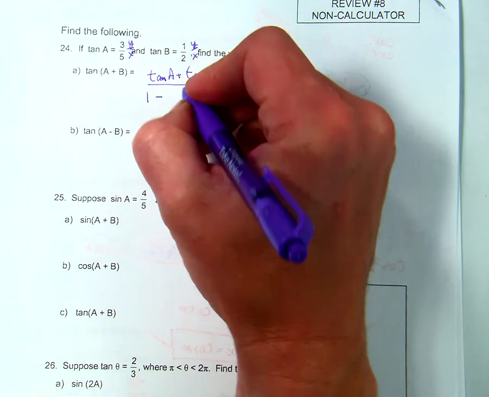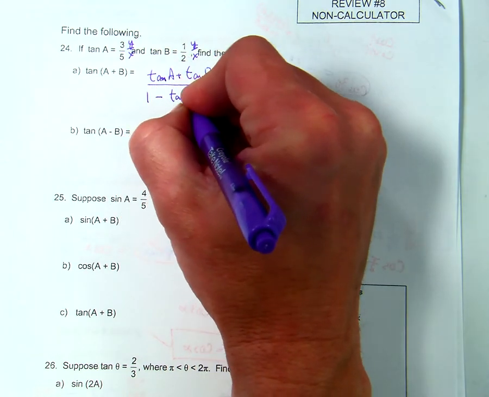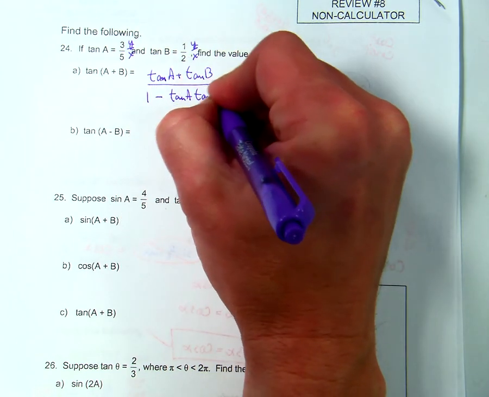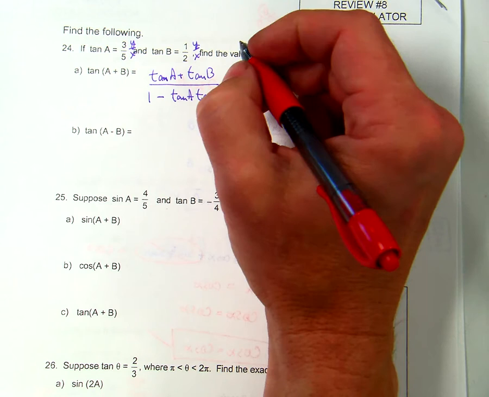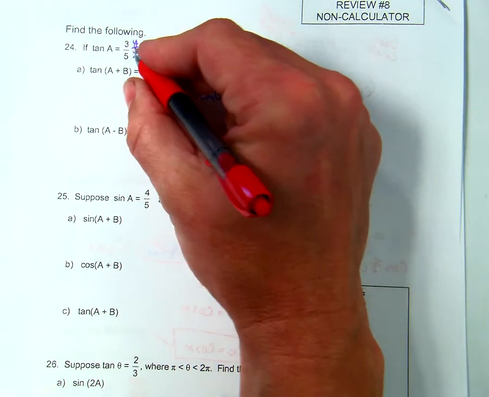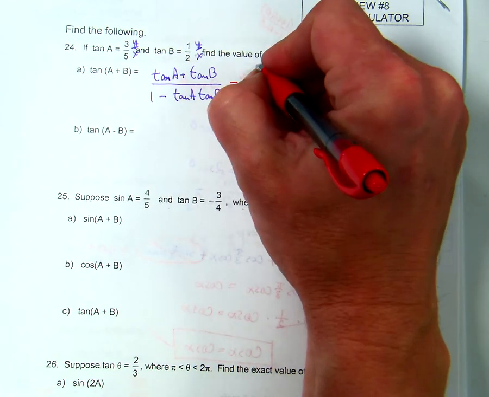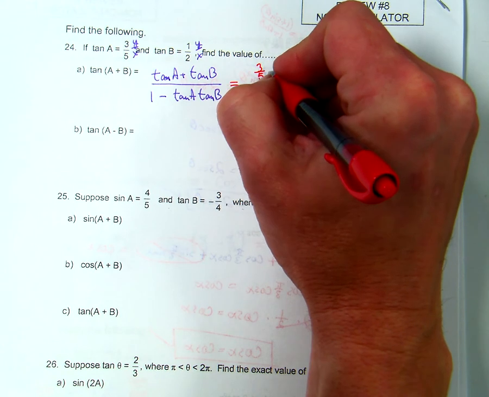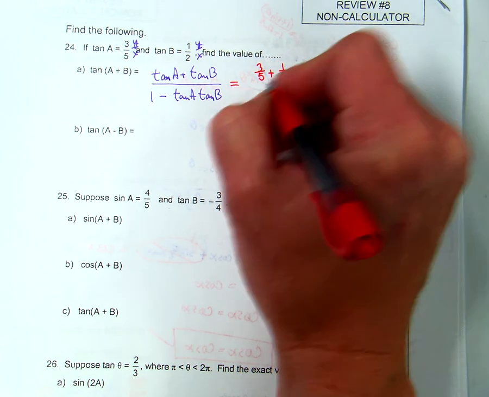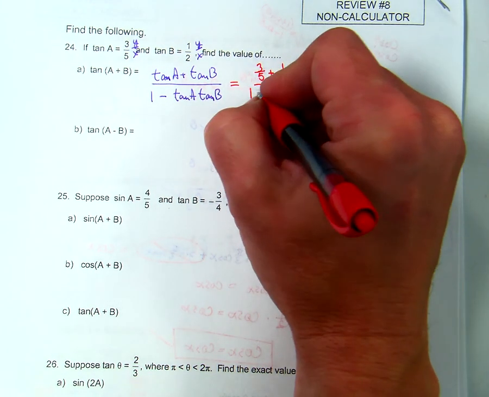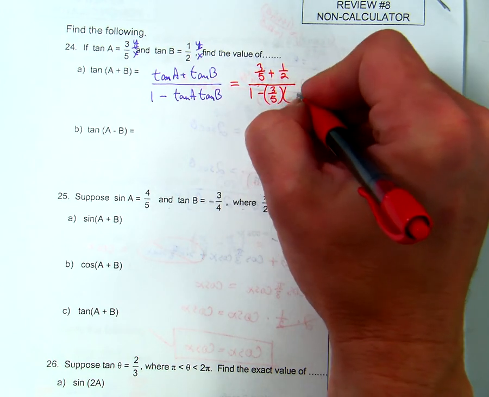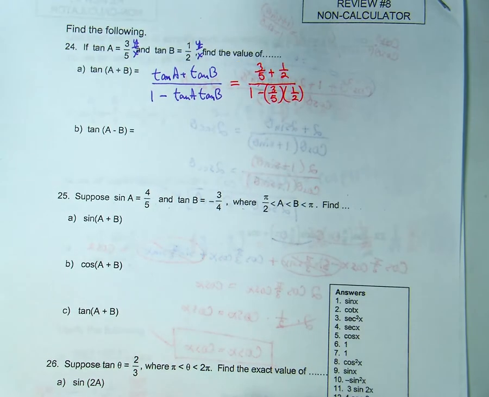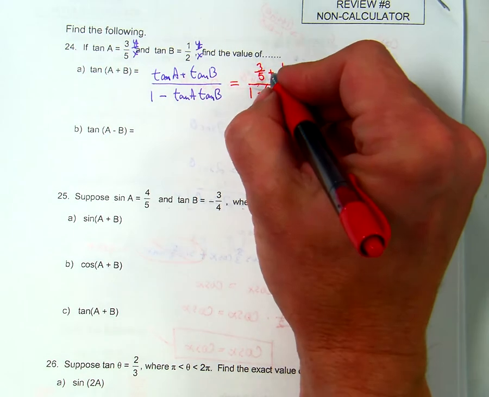Then it's 1 minus, flip the sign, tangent of A times tangent of B. Okay, now we just plug these values in. If we substitute in the 3/5 and the 1/2, we're going to have 3/5 plus 1/2 all over 1 minus 3/5 times 1/2.